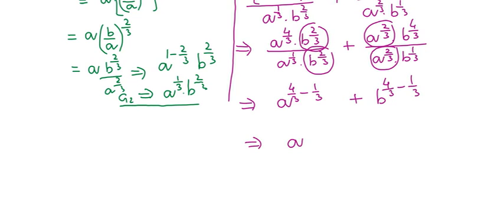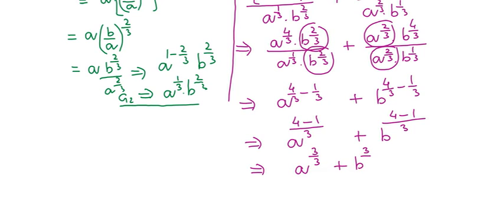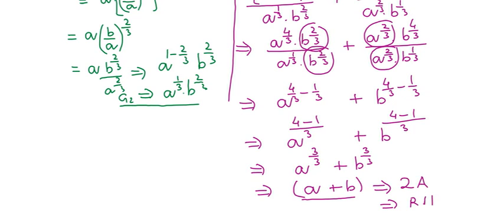See, this way 4 minus 1. So you will have a raised to the power 3 by 3 plus b raised to the power 3 by 3, or you can say this is a and this is b, or you can say the final term is a plus b, and we know that a plus b will equal 2A. This is your proving part, or you can say the right hand side of this question.